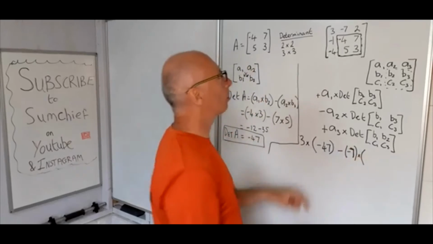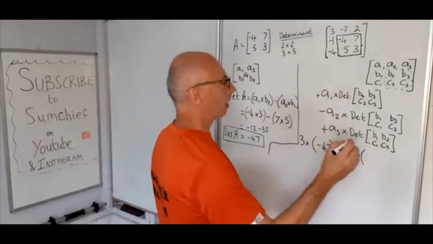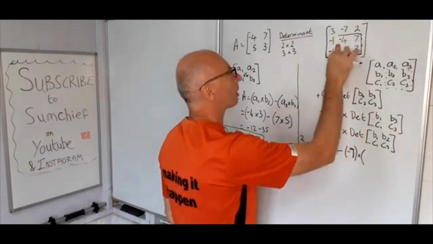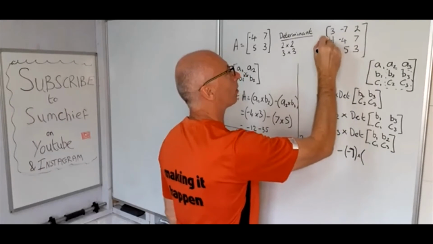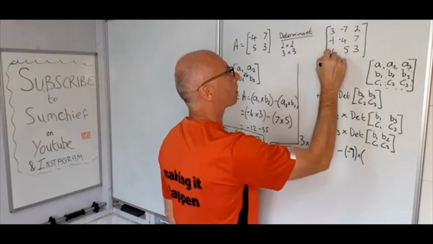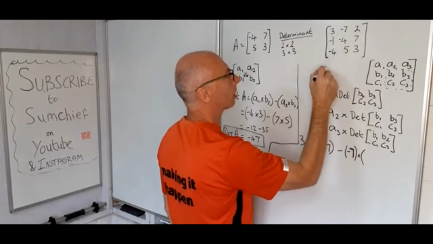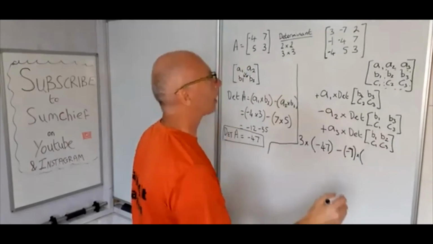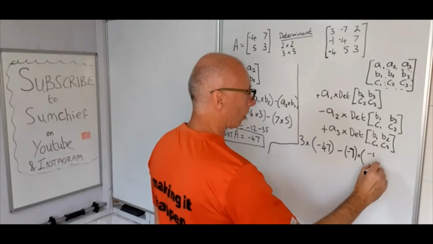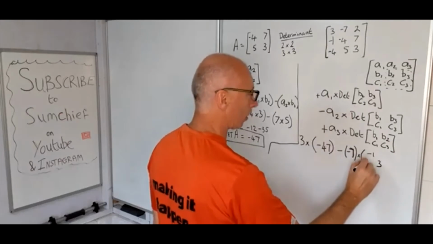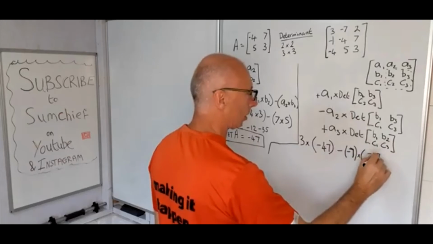Now let's find the determinant of the matrix that we need. So we just take this out here. And then we've got this matrix here, -1, -4, and 7 and 3. So let's just write that matrix down here now: -1, 3, -4, and 7.